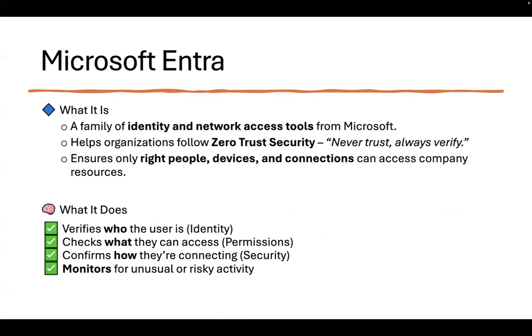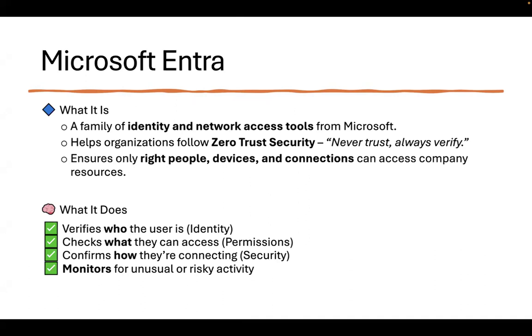That means it will always verify. It says never trust, always verify. So it first verifies, then it will allow, and it makes sure that only the right people, devices, and connections can access company resources. All these are taken care of using Microsoft Entra.